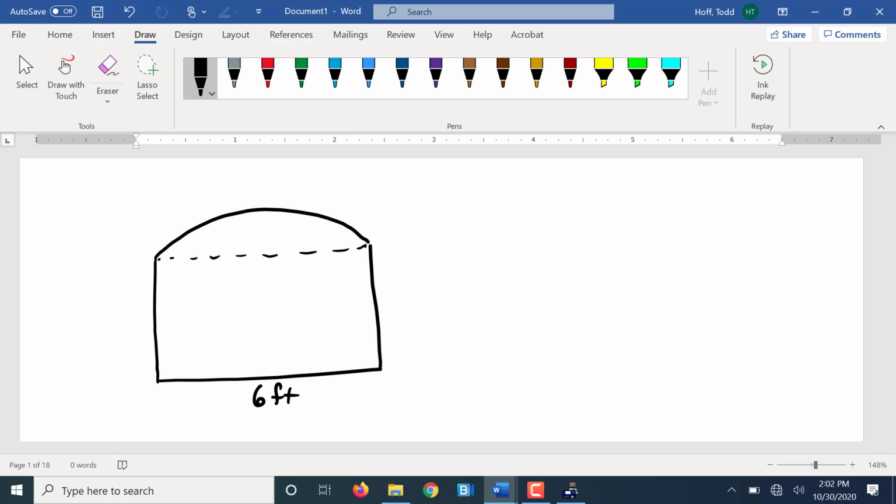So we're going to take a look here at having a 6-foot picture window with an 8-inch high arch above it. Do you guys remember how to find the radius of the circle that forms that arch?